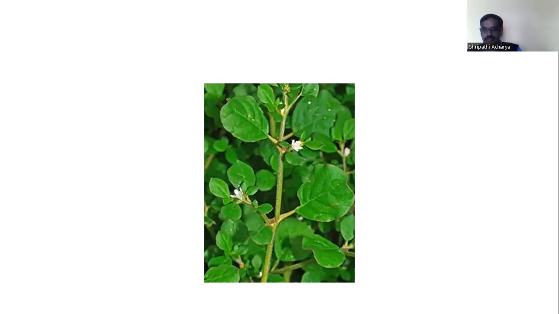We can also give Varunadi Kashaya, Pranapanchamula Kashaya, Varunashigru Kashaya, Bhukshara Churna, and Bhukshuradi Guggulu.